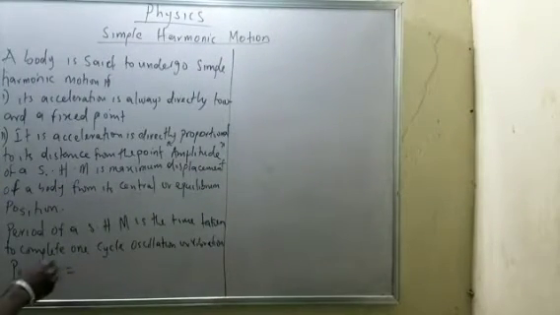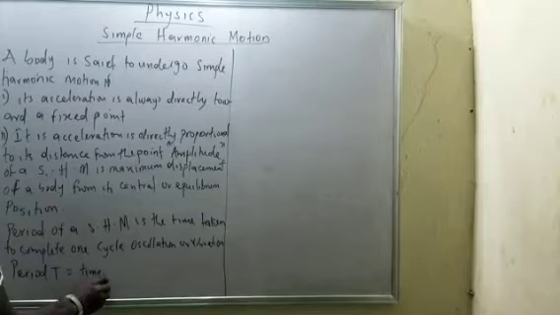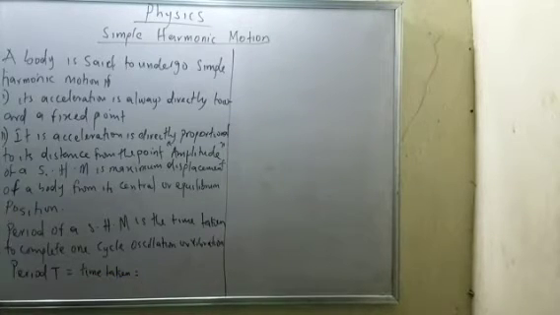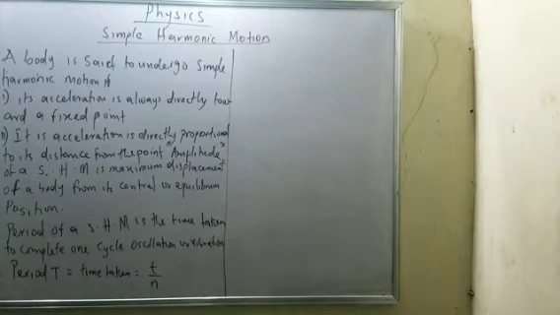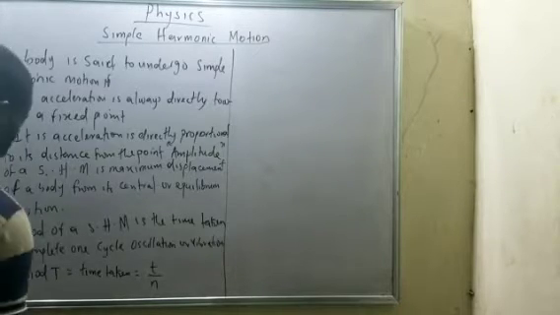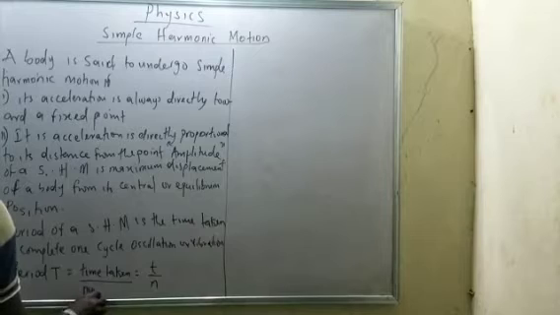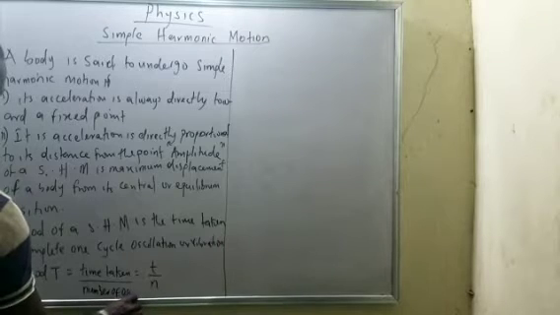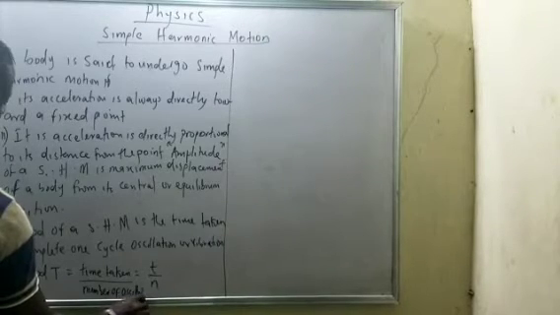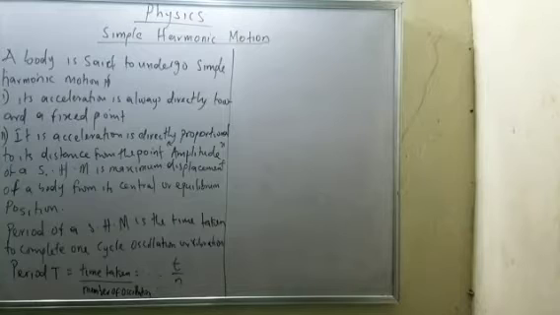It always equals the time taken, which is also equal to small t over the number of oscillations. What I am trying to say is that period T equals time taken over number of oscillations, which is small t divided by n. That is what we are talking about.